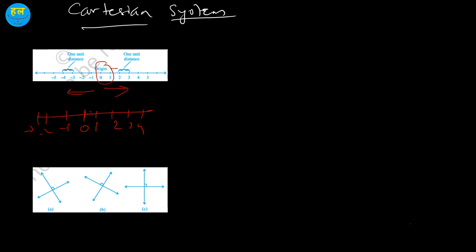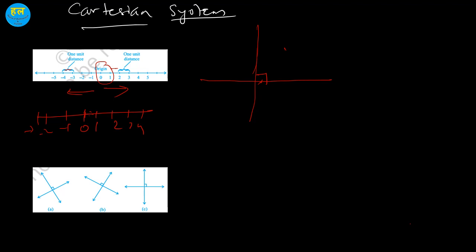Now if we take one horizontal line similar and we take one vertical line, which is at 90 degrees to the horizontal, we can locate a point in this plane.